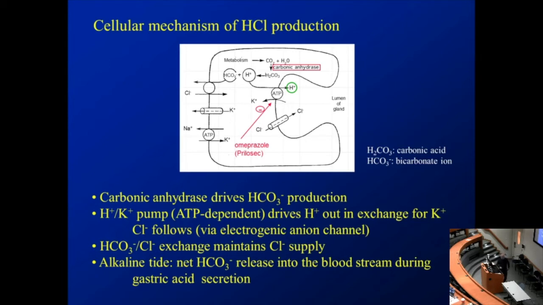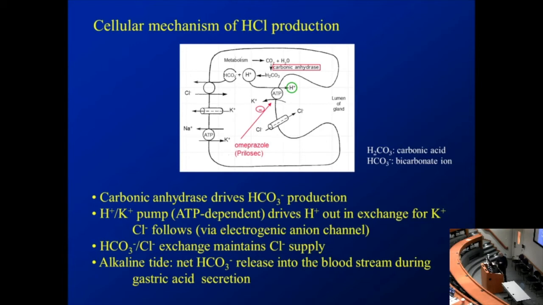Well, as I said before, the pH in the stomach can be very acidic. So you still can produce and add more protons to the lumen, which means you have to transport protons against a huge gradient, uphill. And this can only be achieved with the use of energy, and that occurs by burning ATP in order to fuel this ATPase and exchange protons against potassium, which is present in the lumen.